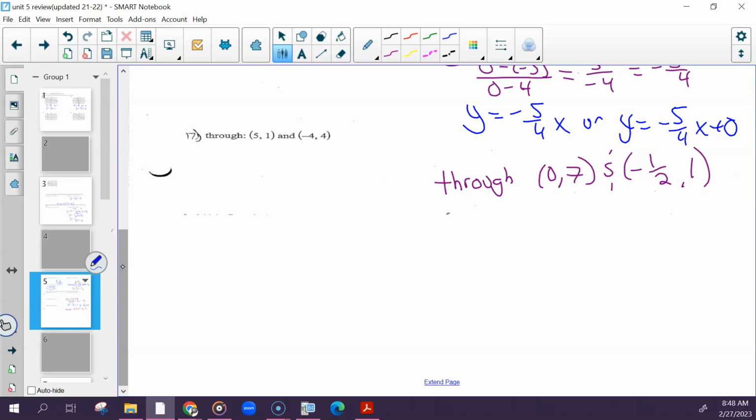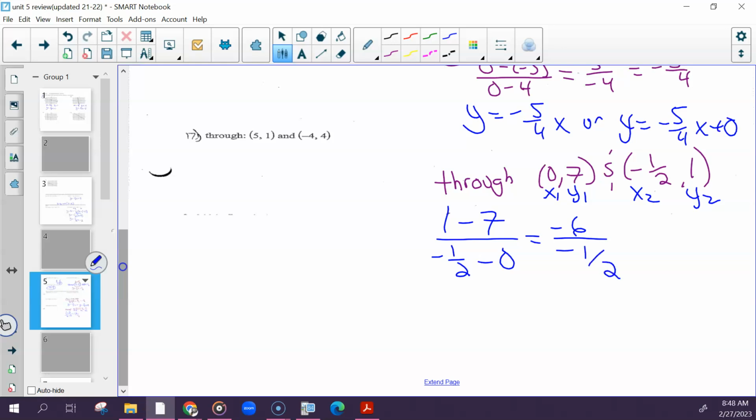Okay, let's find the slope of this one. So we have 1 minus 7 all over negative 1/2 minus 0. This would give us negative 6 over negative 1/2.